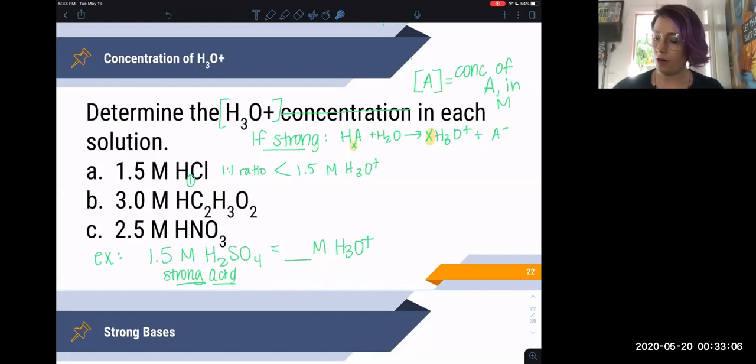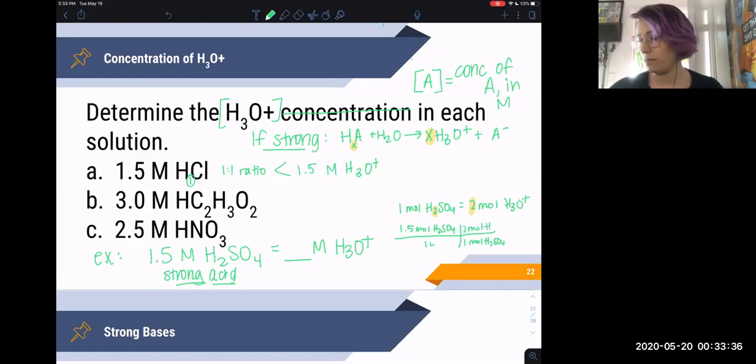For every one mole of sulfuric, you have 2 moles of hydronium because there are 2 H's. So 1.5 mole of sulfuric per liter of solution, for every 1 mole of sulfuric there are 2 moles of hydronium.